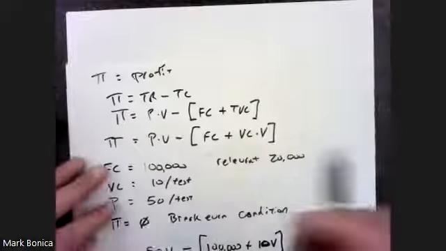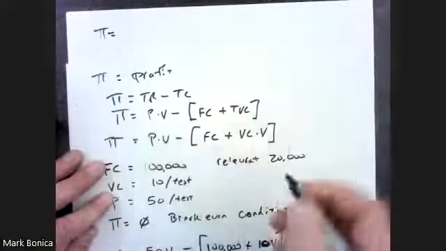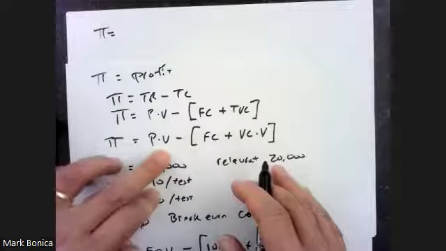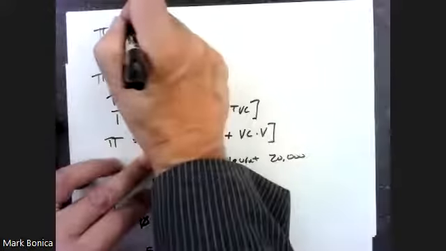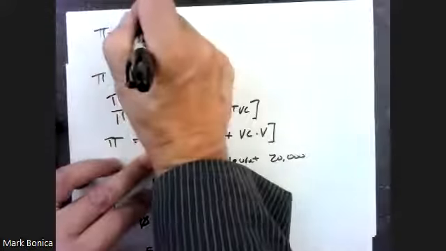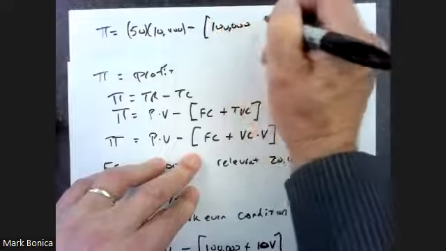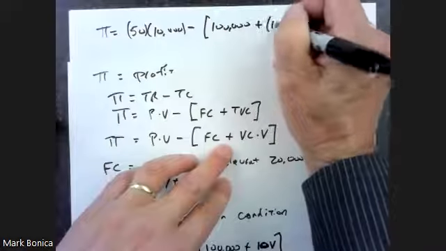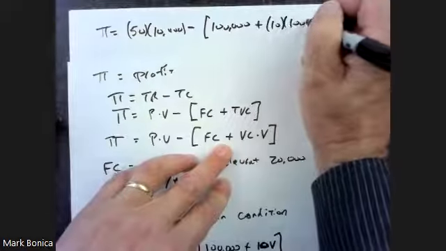All right. So we know profit equals price times volume. Price is 50. The volume is 10,000 minus the fixed costs, which we know are 100,000, plus the variable cost, which is 10, times the volume, which is 10,000.